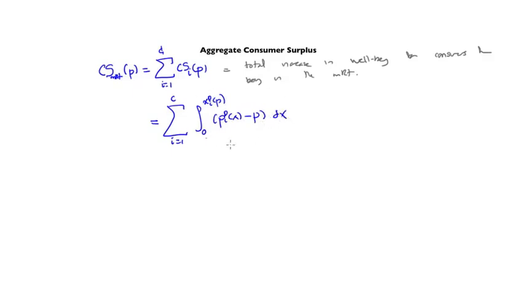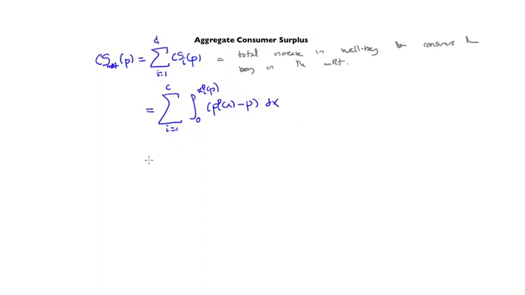That was the integral formula that we derived for every consumer. Now you have to add them all. It turns out that this can be rewritten as the integral from 0 to the amount demanded in the market of the inverse demand function for the market minus P, dx.